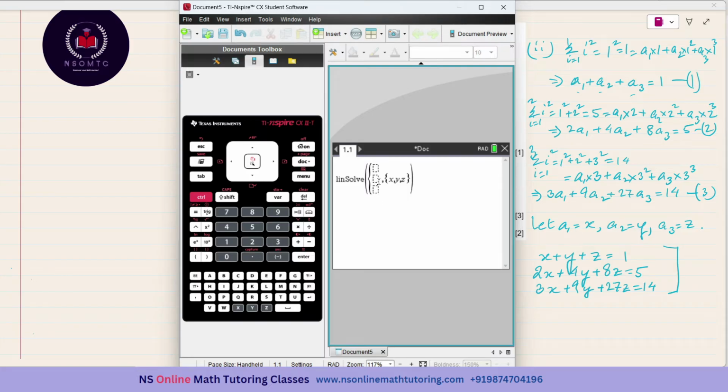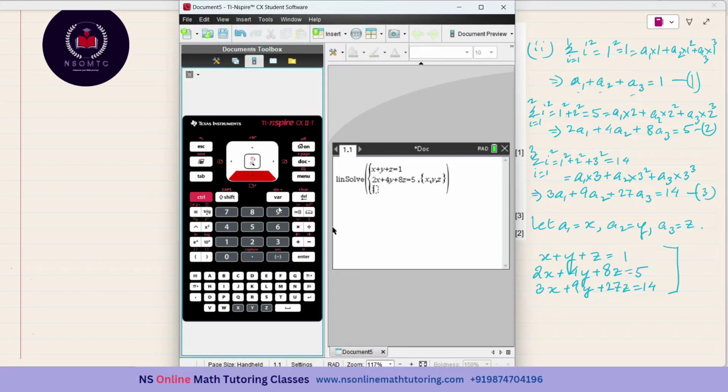So first equation is x plus y plus z equal to 1. So x plus y plus z equals 1. And then I can come down and 2x plus 4y plus 8z equal to 5.